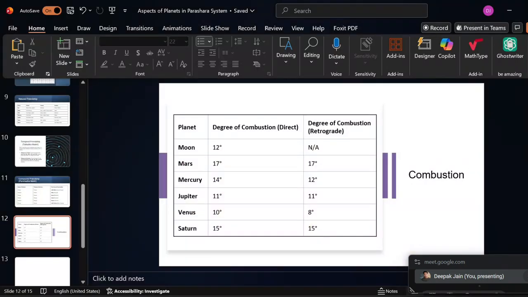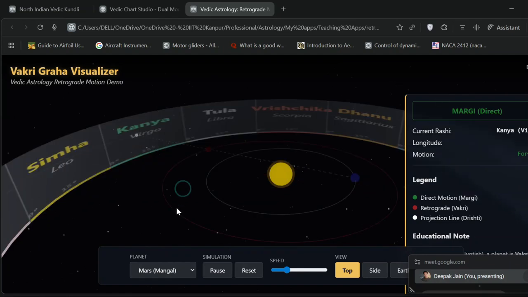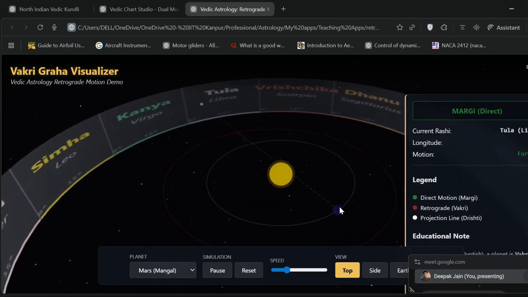Okay, let us continue with the retrograde planets. For this, I will show you an app. I should have given it a bit more contrast. The yellow thing is Sun.